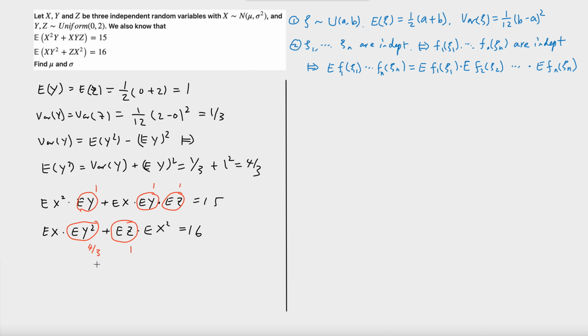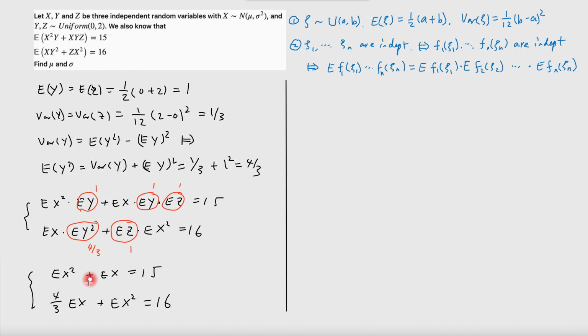Now with all these items already computed, we can rewrite these equations. The first equation becomes E of x squared plus E of x is equal to 15. The second equation is 4 over 3 E of x plus E of x squared, and this is equal to 16.